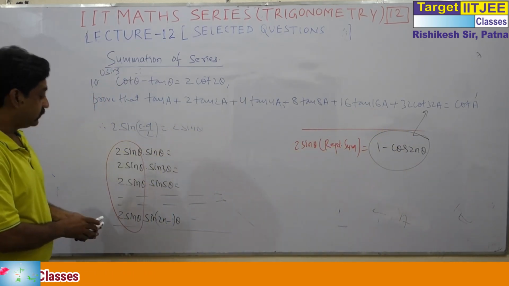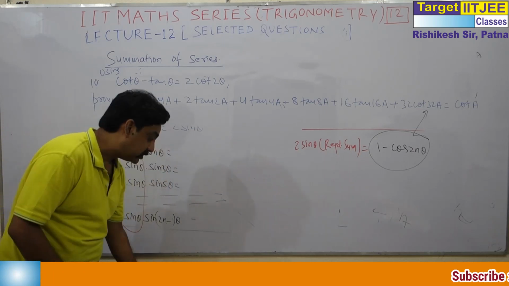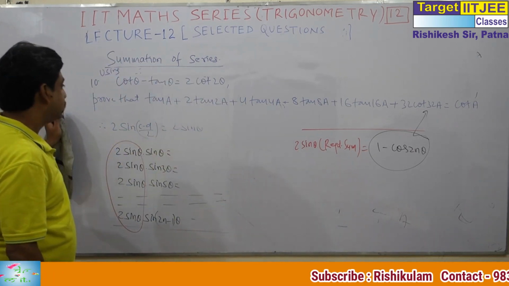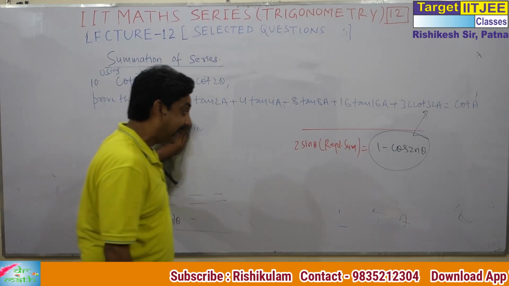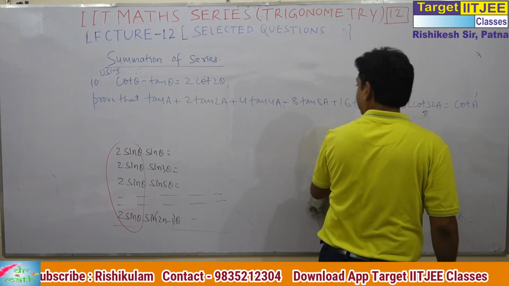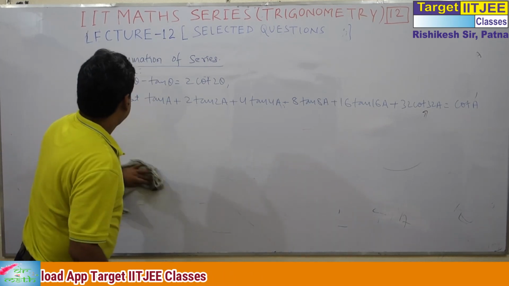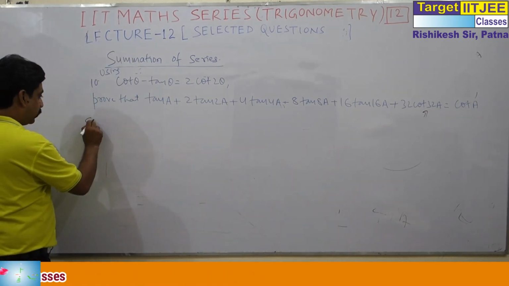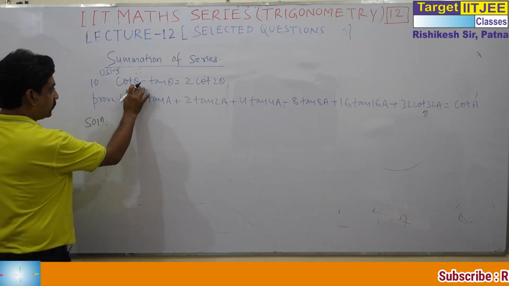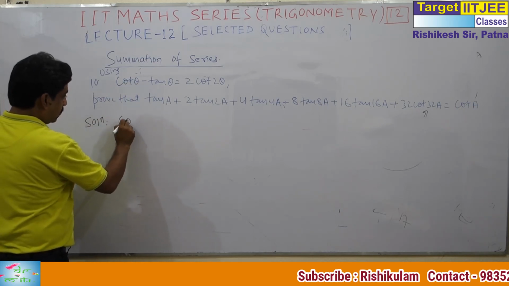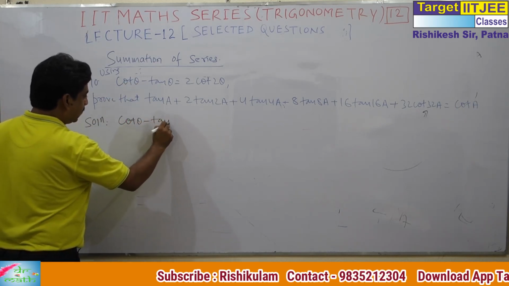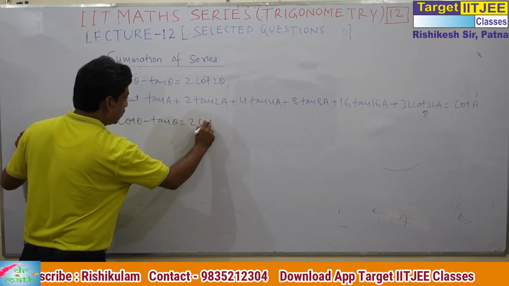This was the question I gave in DPP 5 as a challenging question, but nothing is challenging here. See what we have to do. From this, cot theta minus tan theta is equal to 2 cot 2 theta.